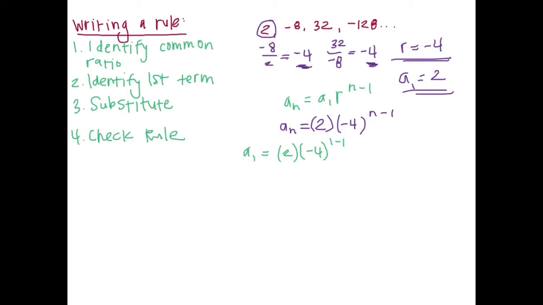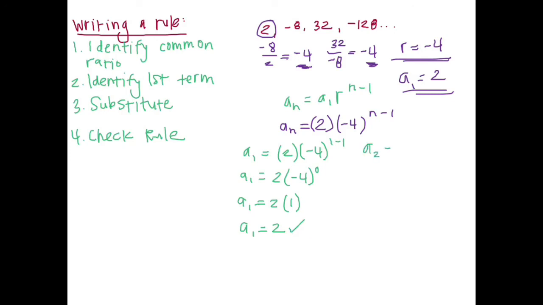That means I have to replace every n in the rule with a 1. So that gives me 2 times negative 4 to the power of 0. And I know that anything to the power of 0 is just 1. So it's saying that the first term is 2. If you check up here, you see that the first term in the list is 2, so that's correct.